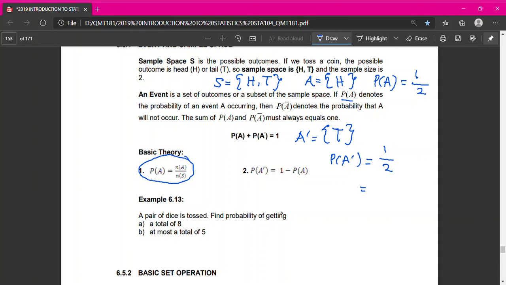Ataupun boleh juga kita gunakan 1 minus probability of A. Jawapannya still sama. 1 minus half, so it will be half.